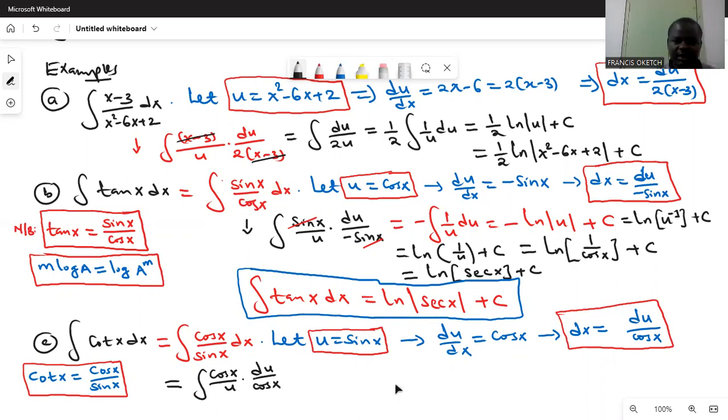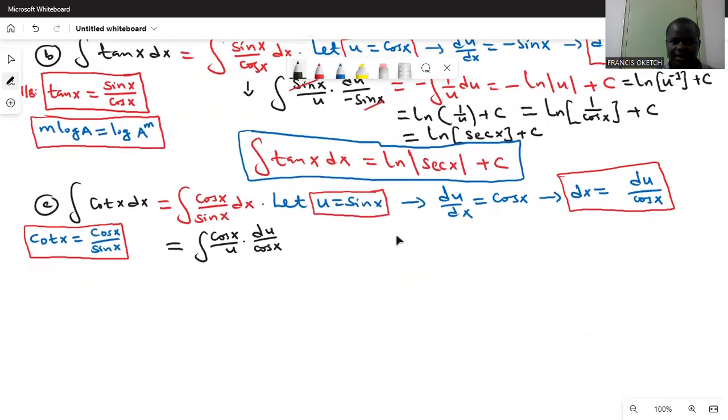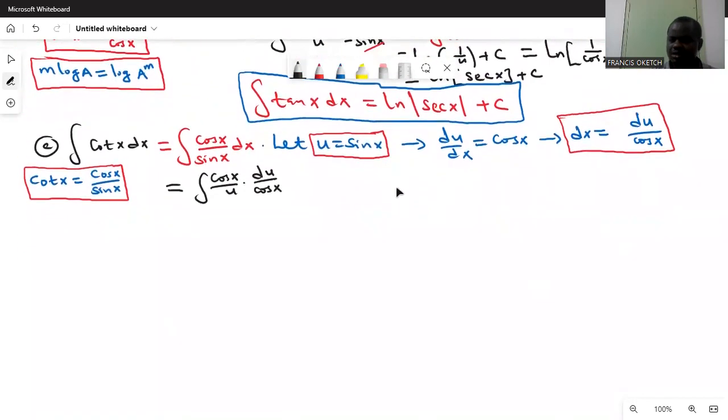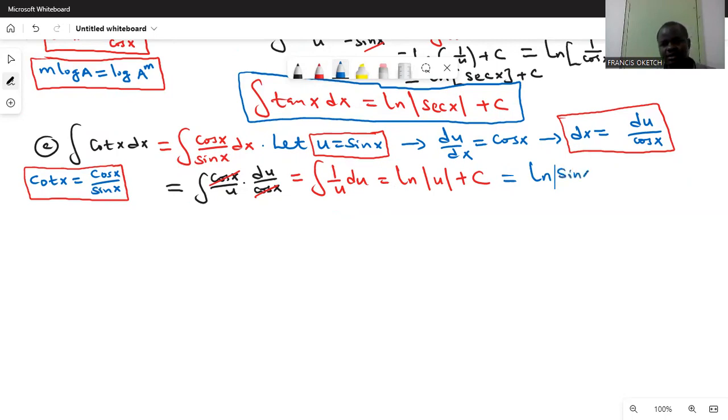You see we have cos x in the numerator and another cos x in the denominator, so the cos x will cancel out, so that our integral is the integral of 1 over u du, which you can write as ln u plus a constant c. If you replace u, what was our u? That was sin x, so ln of sin x plus c.